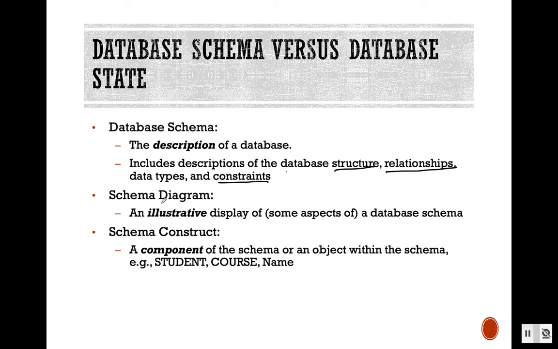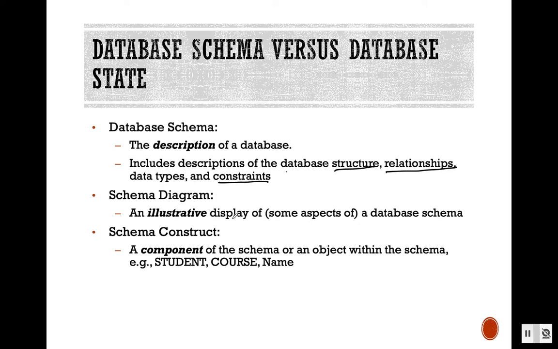A schema diagram means an illustrative display. We know what a diagram is: we use graphical images and symbols to show a visualization or illustrative display of something. When we use an illustrative display like a diagram to show the database schema, it's known as a schema diagram.